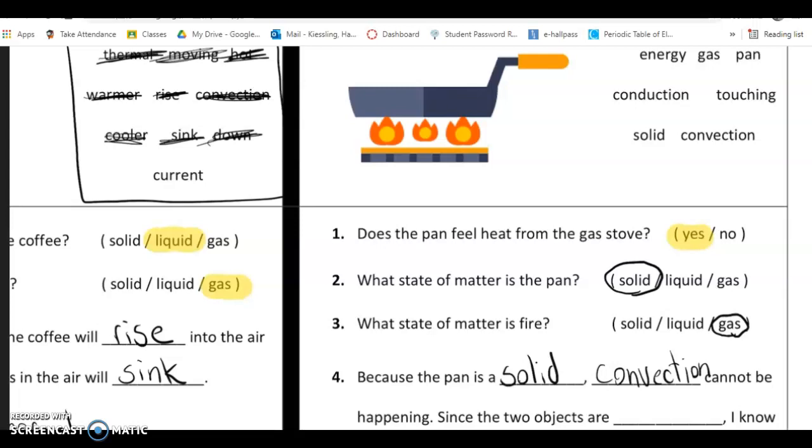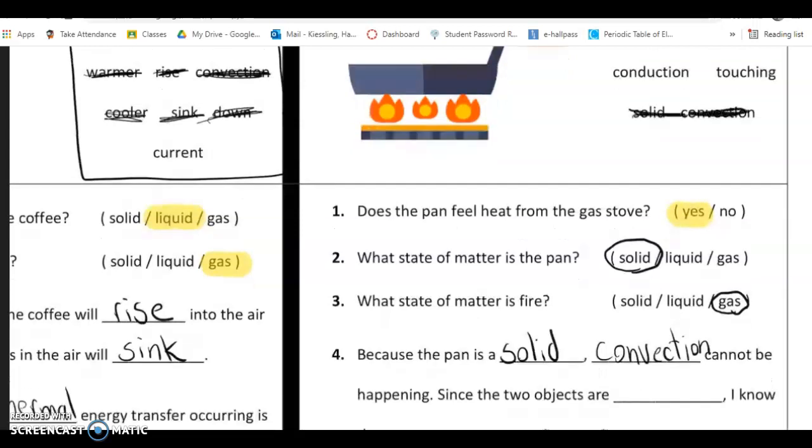Since the two objects are blank, what are these two objects doing? Dennis? Touching. I know that blank is occurring. Ashley? Conduction.